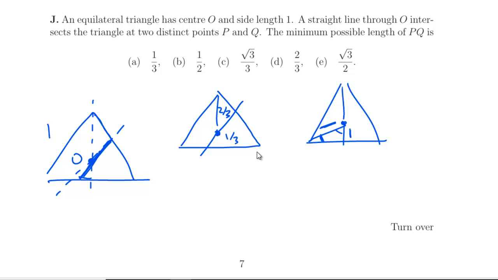And you add those up to get the height of the whole thing. So we're splitting that into a ratio of 2 to 1. So we know that the center is 1/3 of the way up the height of the triangle. In this case, we've reduced the height down to 2/3, which means we've reduced all of the lengths down by 2/3. So 2/3 is the answer.